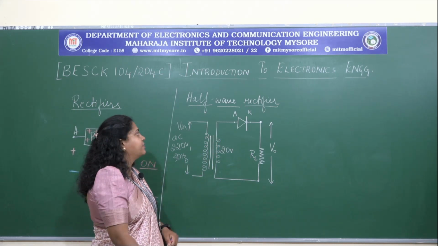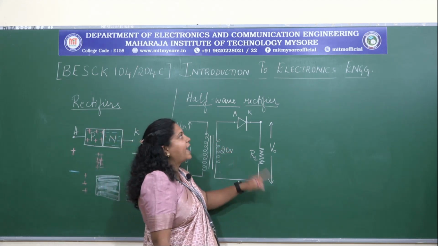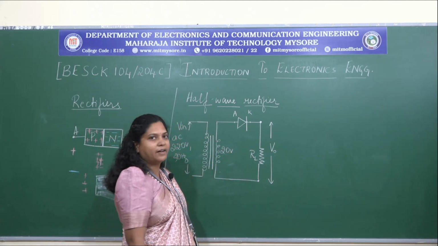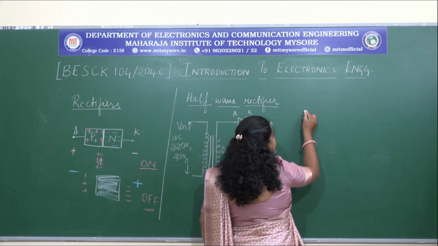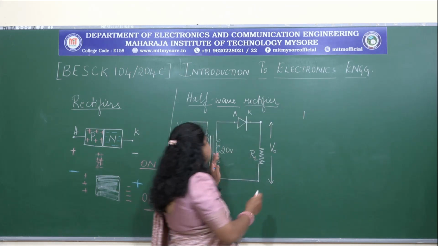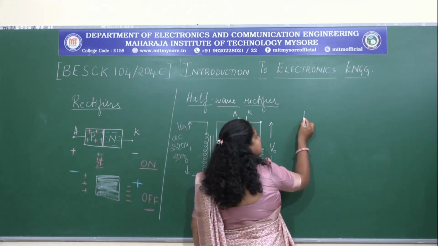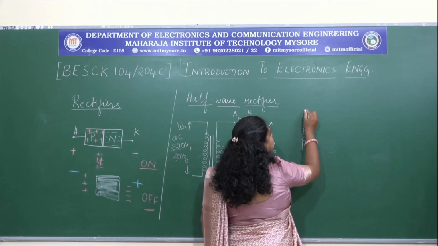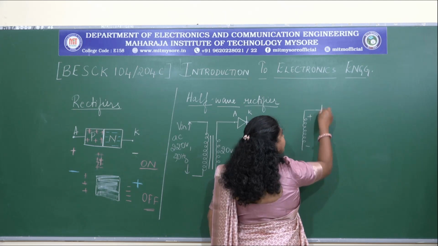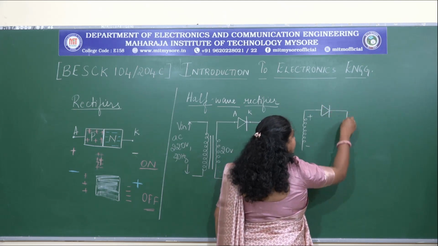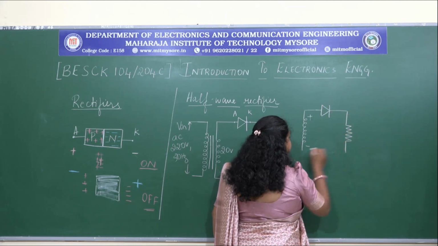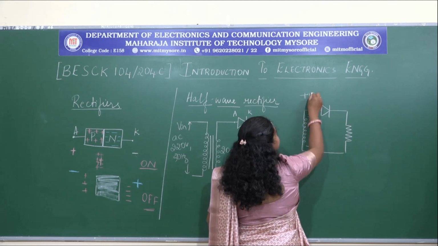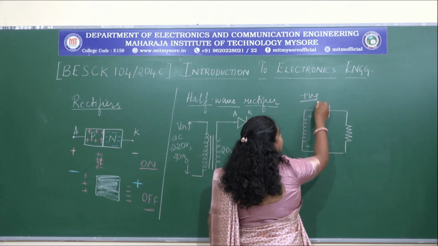Now let us see what happens during the positive half cycle. I will write from the secondary side. Let us say this is the positive half and here we have the negative. So we have a diode that is present here and the load resistance that is present here. So during the positive half cycle, what happens to the diode?